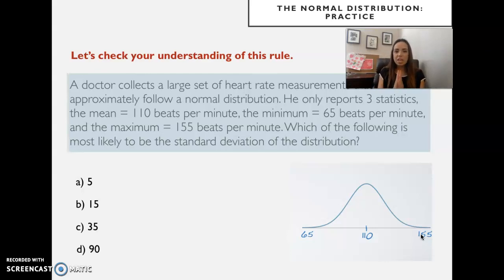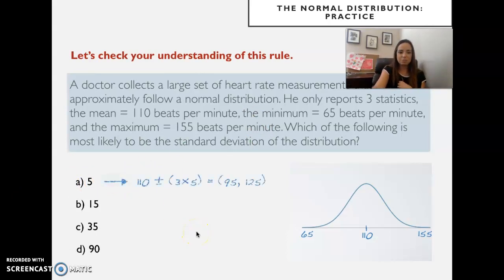The idea being that pretty much 100% of the distribution should fall between the mean plus 3 standard deviations and the mean minus 3 standard deviations. So if we go, alternative by alternative, and figure out what the values for mean plus 3 standard deviations would be, we can perhaps get to the answer.